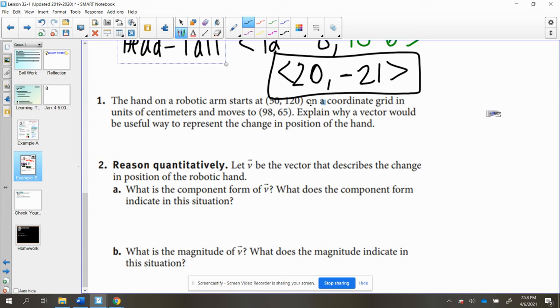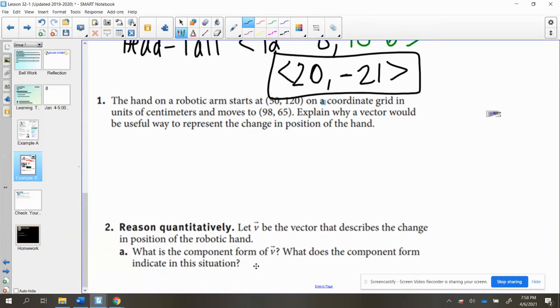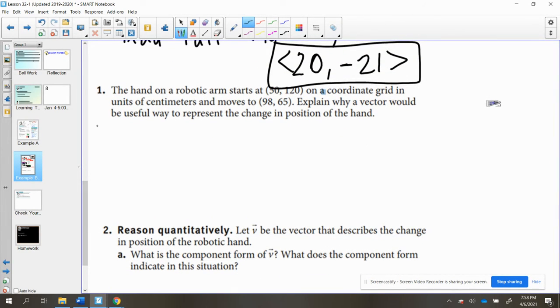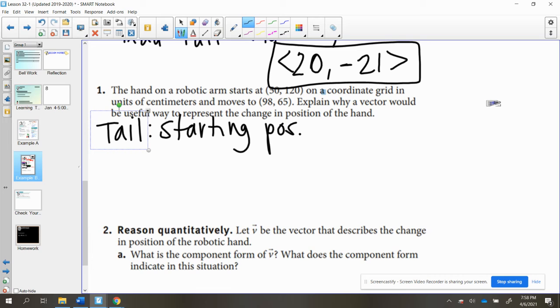Now, down below here, if we talk about some movements, just some vocabulary things to be aware of. When we talk about your head and your tail, remember the tail will always be your starting position, while the head is always the end or final position.